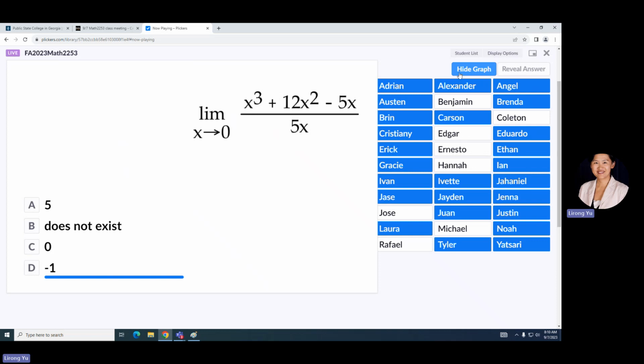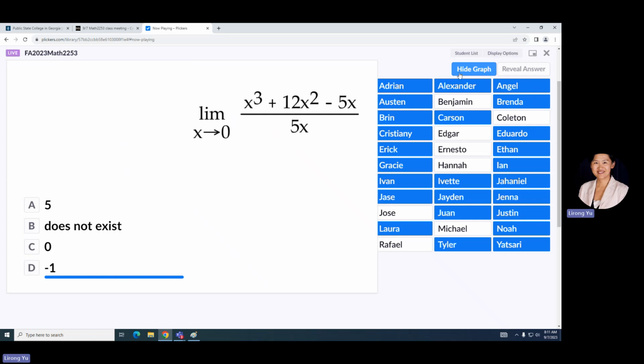The higher the order, the smaller the number. So 5x and -5x are actually the same quantity. But 12x squared, when x equals 0, has a higher order of 0, which causes it to be much smaller. So when x approaches 0, the higher degree actually means a higher level of smallness: small, smaller, smallest.